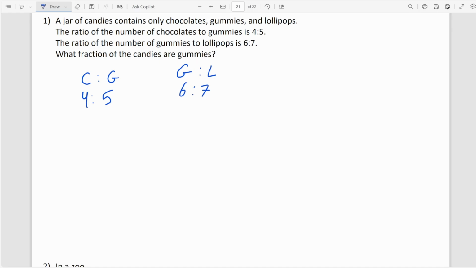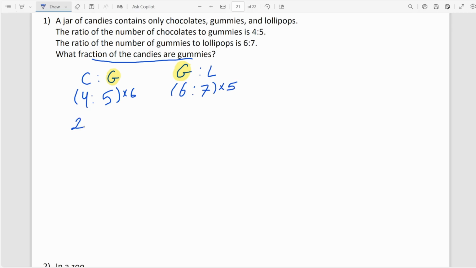Okay, before we answer this question, we must combine our ratios. The common link is the gummies right here. I will go ahead and find the lowest common multiple between 6 and 5, which is 30. So multiply here by 6, multiply over here by 5.